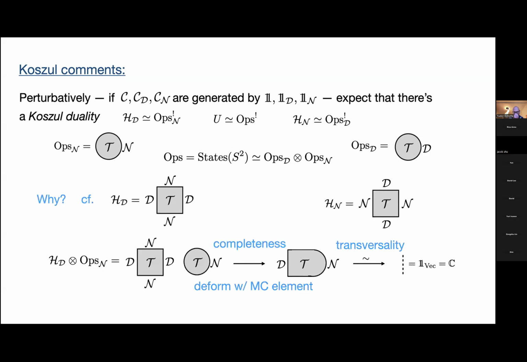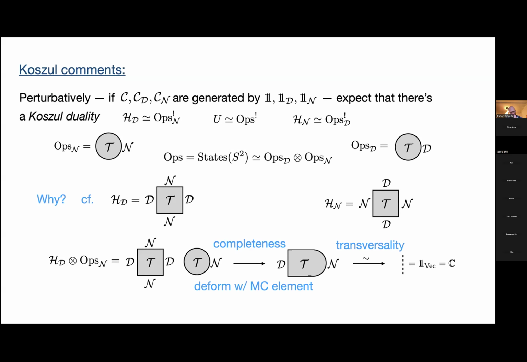So part of what Koszul duality means between two algebras is that there's a canonical element in the tensor product that deforms the tensor product to something trivial by adding it to the differential, if it's a DG algebra, and in general by deforming the A-infinity structure.